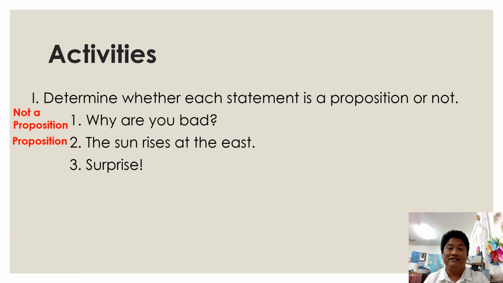Let's have the third sentence. Surprise! Is it a proposition or not? Answer, not a proposition. Again, this is not a declarative sentence. It is an exclamatory sentence. So it is not a proposition.